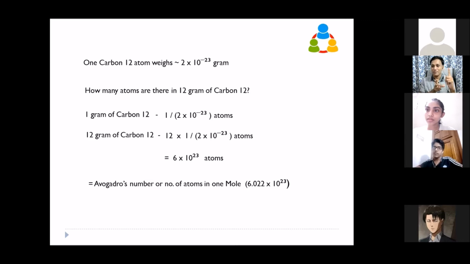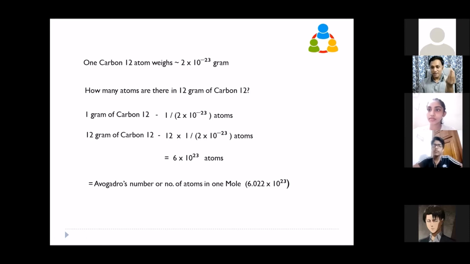Then in 12 gram, the number of carbons will be the same, because one carbon atom is 12 AMU. So that is what is called a mole. So mole means, whatever the AMU value, the mass of any atom, that much gram.